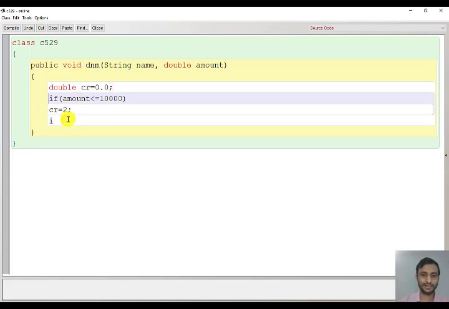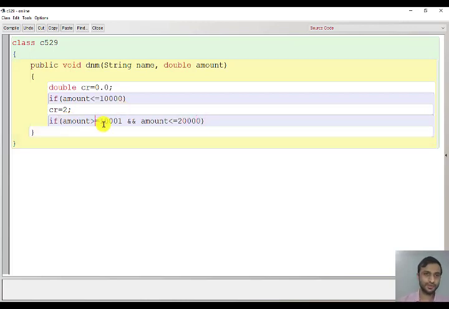Similarly for the next criteria, if amount is greater than or equal to 10,001 and amount is less than or equal to 20,000. Here also you can see, what if the amount is between 10,000 and 10,001? In case it is like 10,050 paise or 10,020 paise, then also it will come here and get calculated as more than 10,000 in this part.